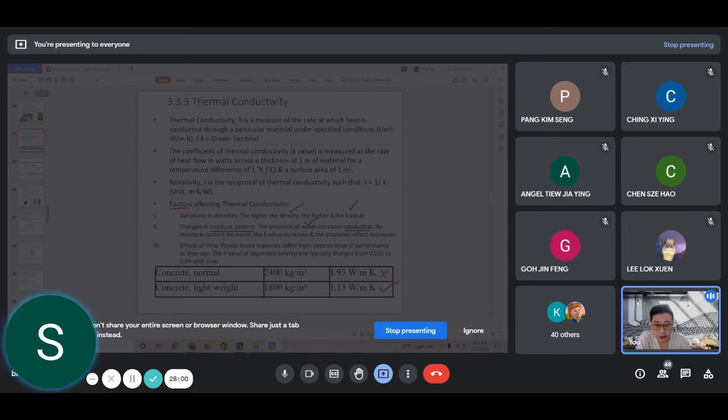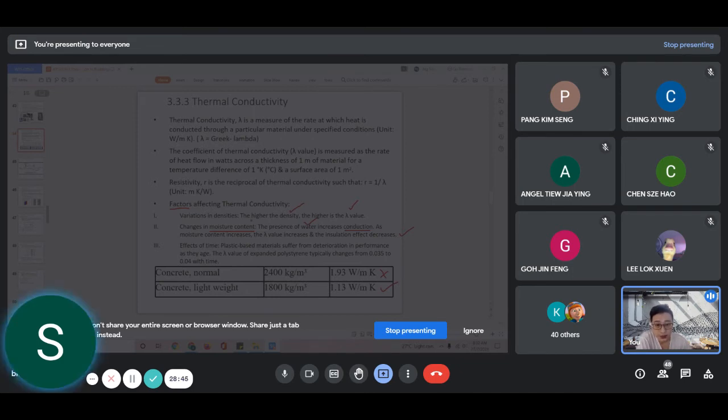So when moisture content increases, the thermal conductivity increases, meaning there's more exchange of heat energy. So what this is telling us is that when you have a lot of moisture or humidity in the air, because water is good at containing or holding heat, the insulation effect decreases, because instead of the building acting as a barrier, the humidity in the building or in the surrounding air itself is carrying the heat energy.